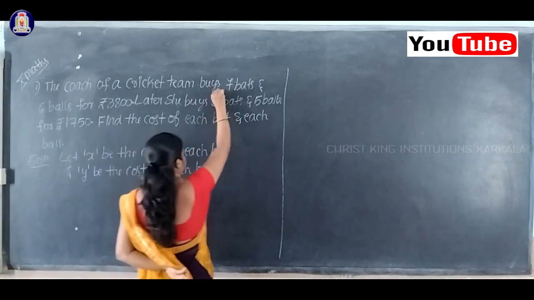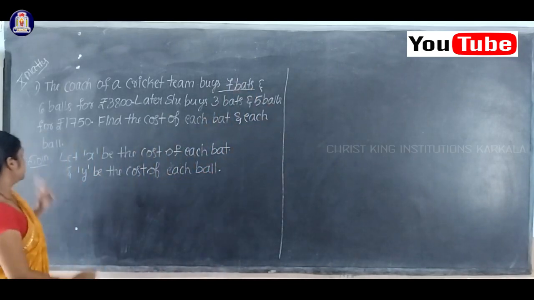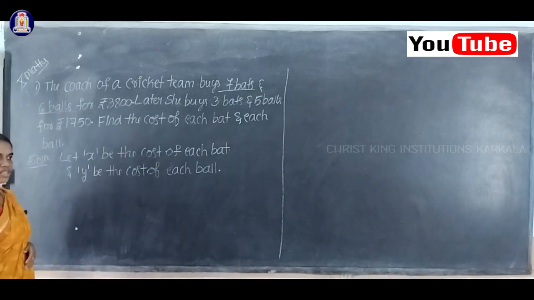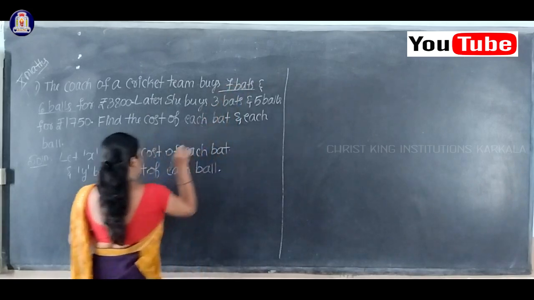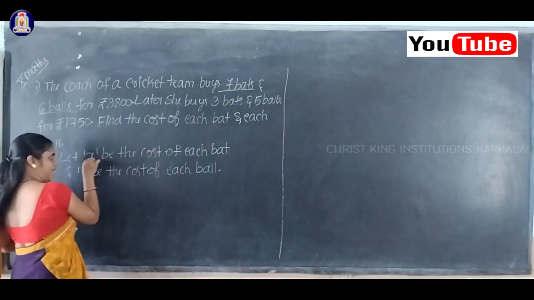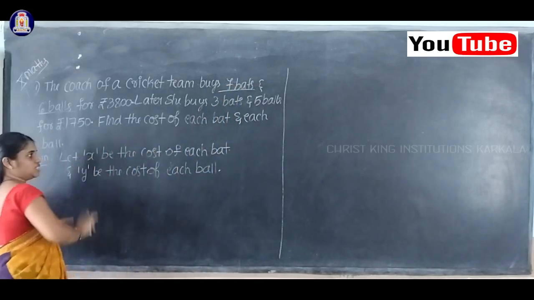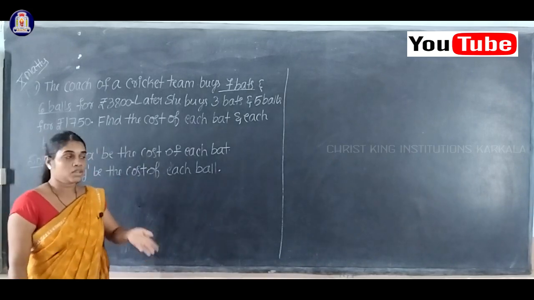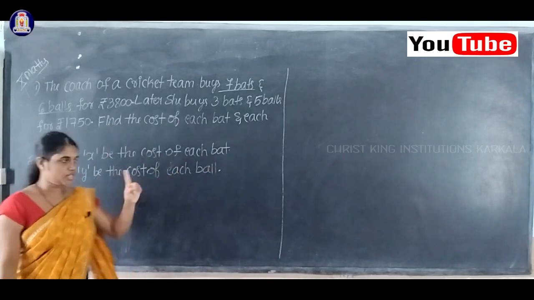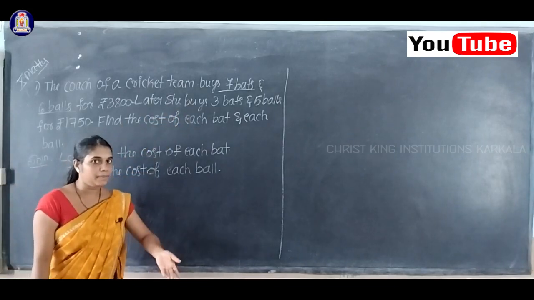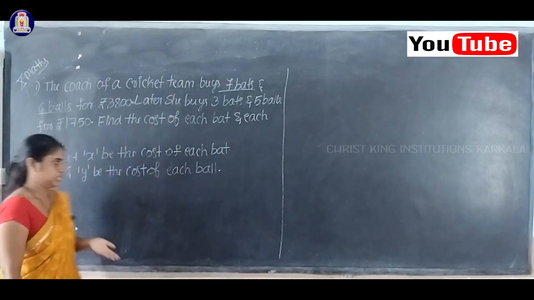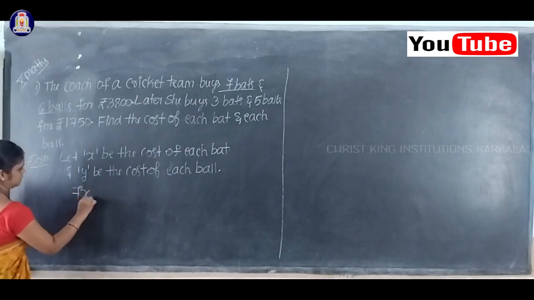She buys 7 bats and 6 balls. How to frame the equation? Cost of each bat is x, so the cost of 7 bats is 7x.